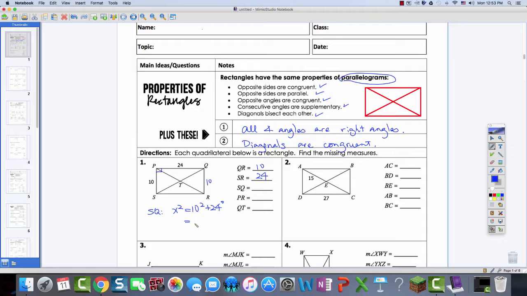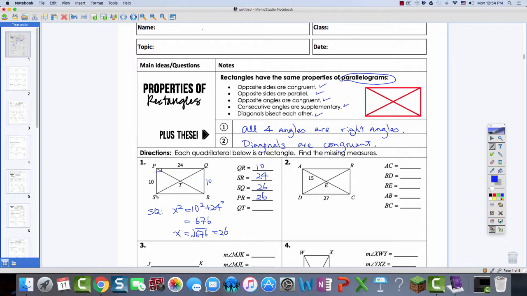That's 100 plus 576, I think. So check my math. You should have 676 as x squared. Now, if you take the square root of 676, that should come out to be 26. If SQ is 26, PR must be congruent to SQ, so that's 26 as well.